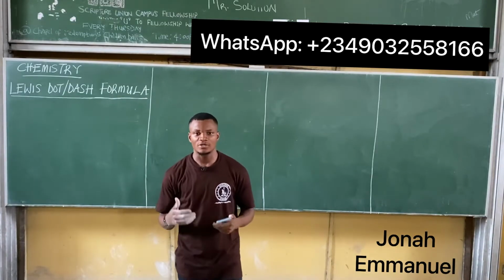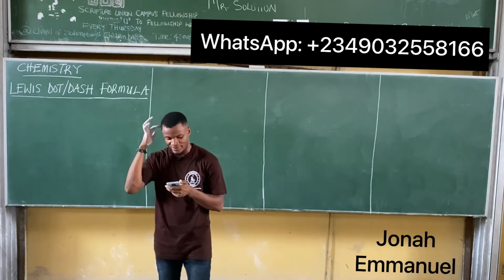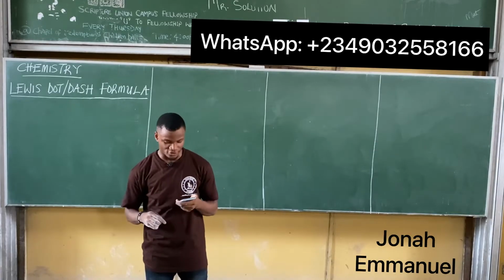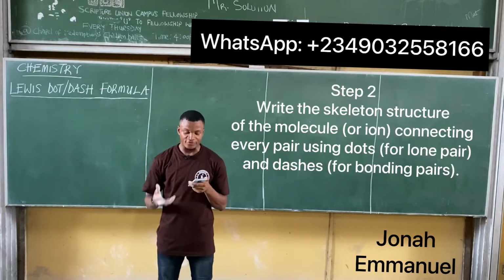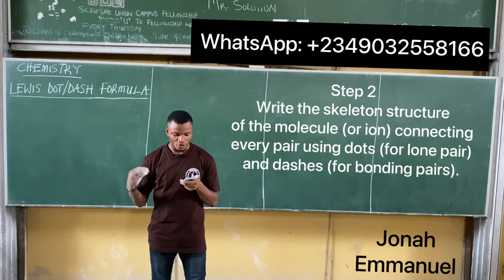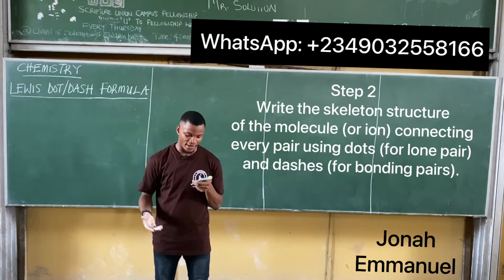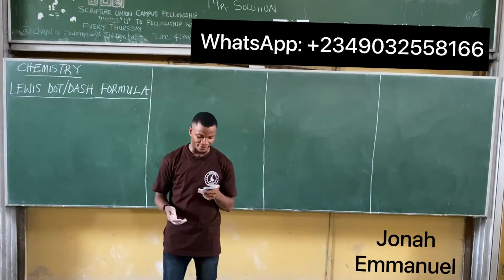Now, to write a Lewis dot or dash formula, note the following steps. Number one, calculate the number of valence electrons. Number two, write the skeleton or skeletal structure of the molecule or ion, connecting every pair, using dots for lone pairs or dashes for bonding pairs.